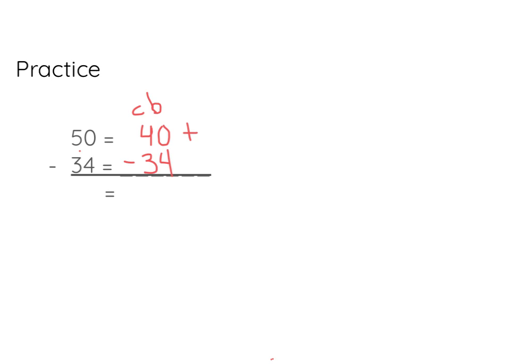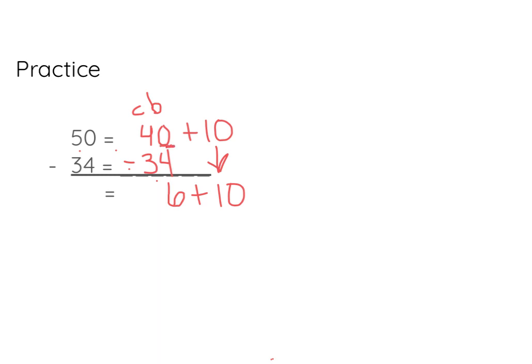And 50 equals 40 plus 10. So that's my break apart or my renaming. I didn't do anything to the 10, so just bring it down. And the 40 minus 34 equals 6. Notice that's just my partner.